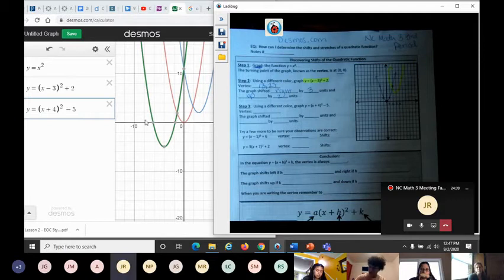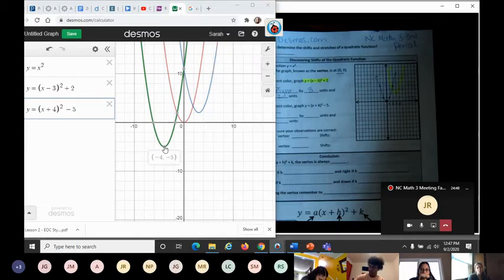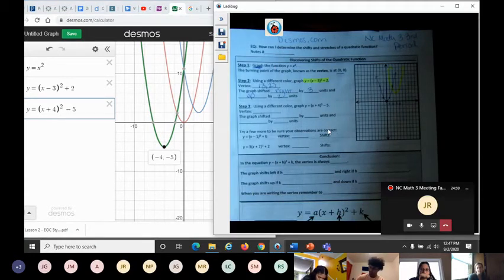Do you remember what the vertex of a parabola is? No. So the vertex of the parabola is either the min or the max, depending on which direction the parabola is facing. This one's up, so it has a min. I can just click on it in Desmos and it'll tell me my vertex. So what is my vertex for that function?